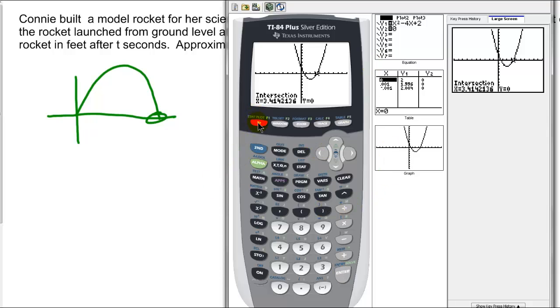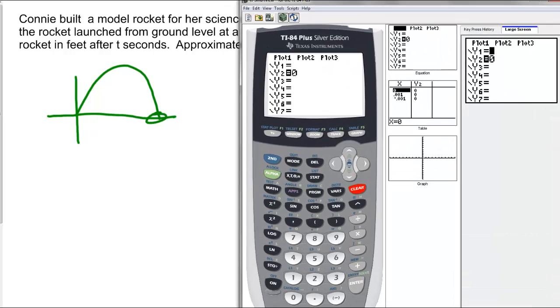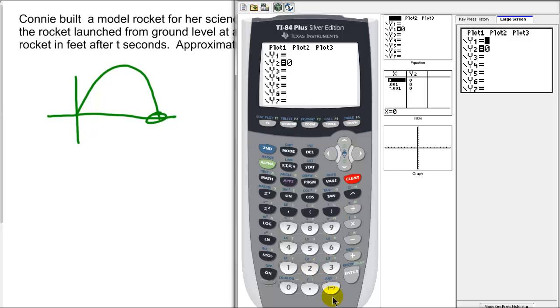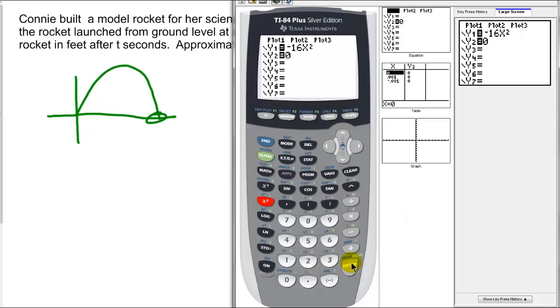So in this, we're going to go back to y equals. We'll clear this out of here. Our equation was negative 16t squared, so negative 16 x squared, because the calculator won't do t's, plus 250x.